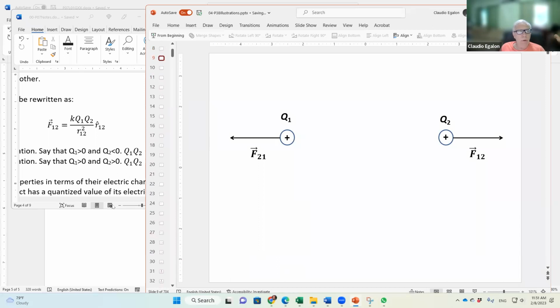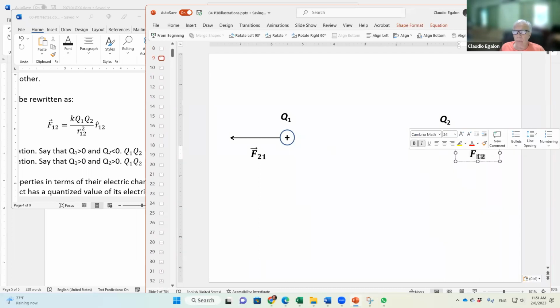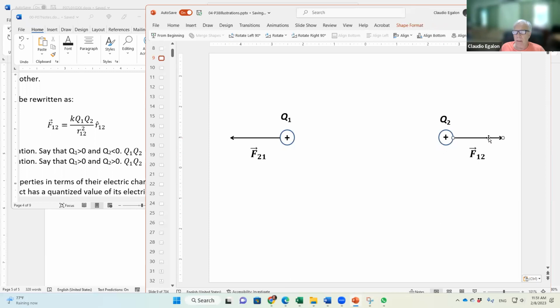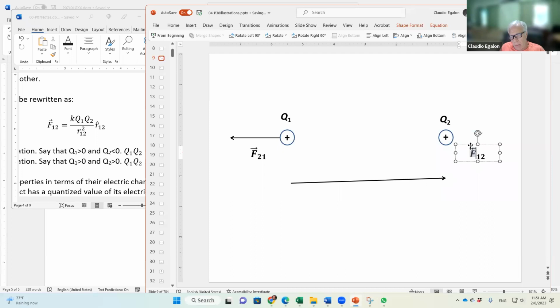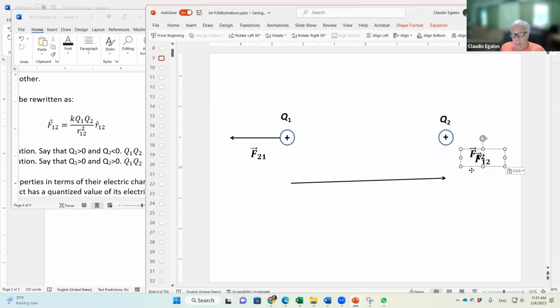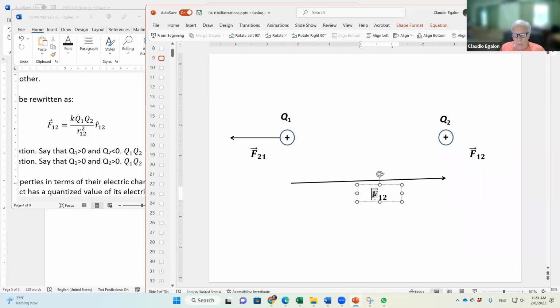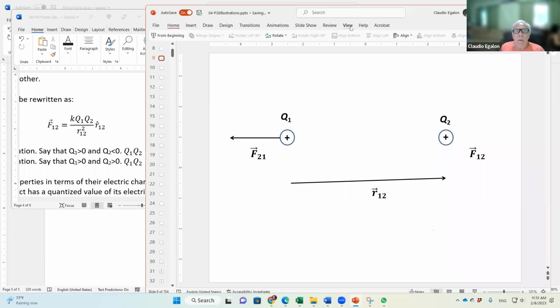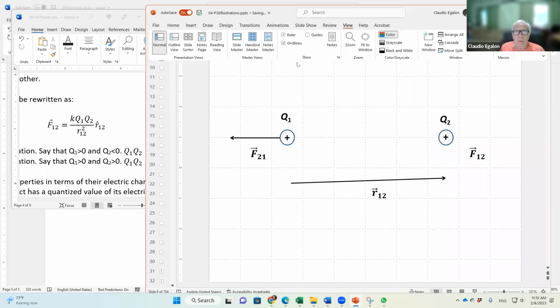Q1 times Q2 is positive, right? So the force of 1 on 2, this one right here, right? That's the position vector going from 1 to 2. Here we go. Let me put some grid lines there.